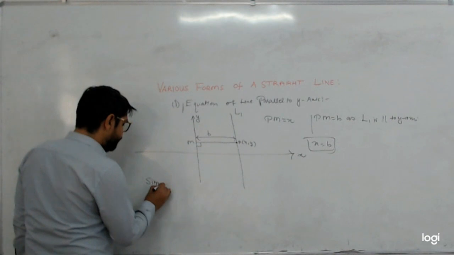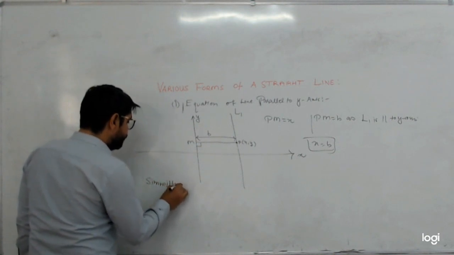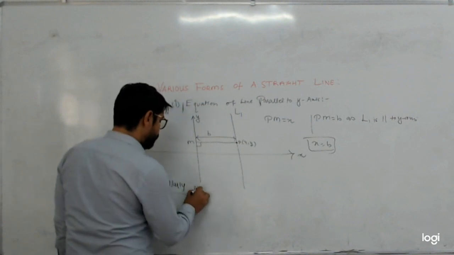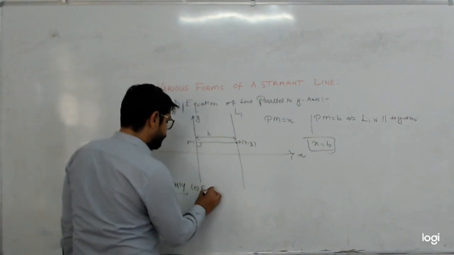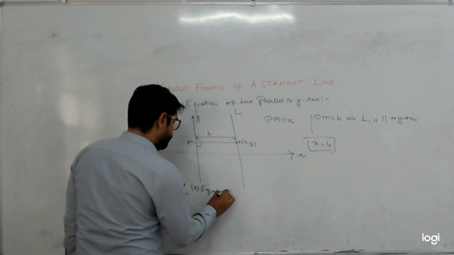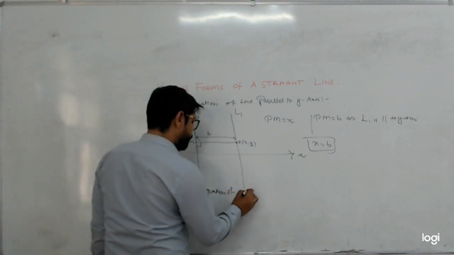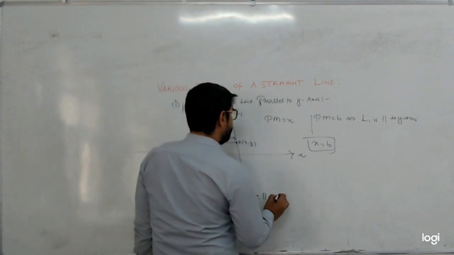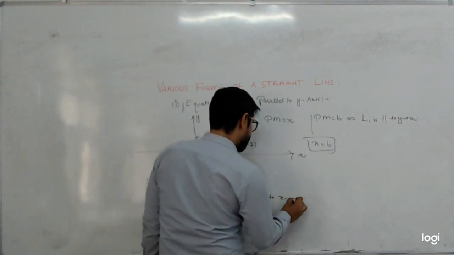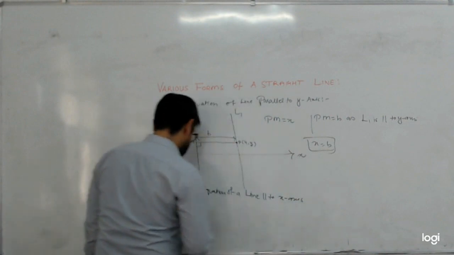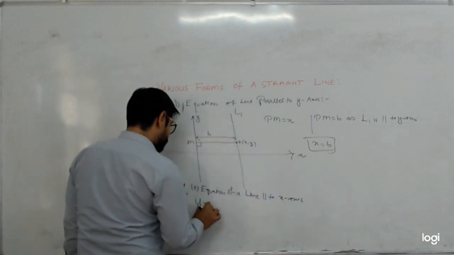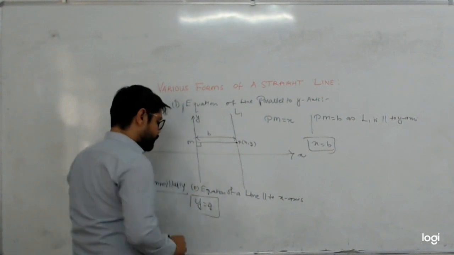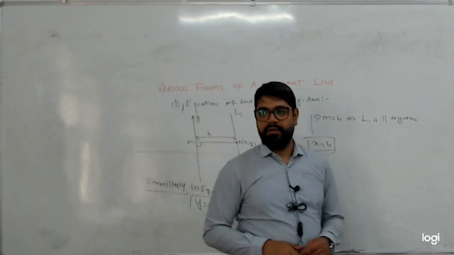Similarly, the equation of a line parallel to x-axis is given as y is equal to a, where a is the distance of the line from the x axis.